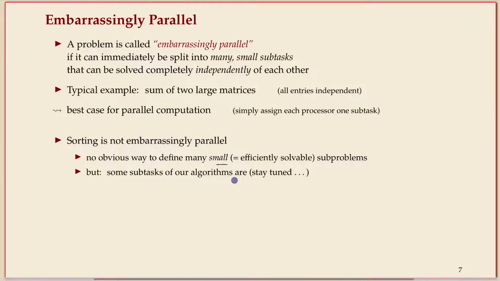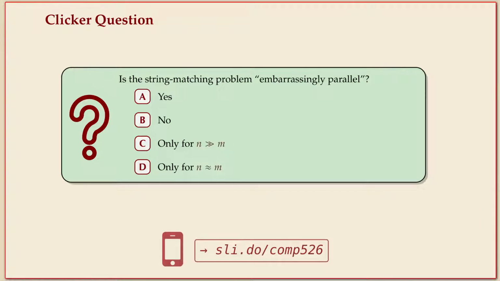We'll see that some parts are like this, but you need to work your way around them. It's not obvious. So sorting is not necessarily one example of such a problem. How about string matching? Without telling you anything about the problem and how you potentially could solve this, I will just ask the question now, and we'll come back to that later.